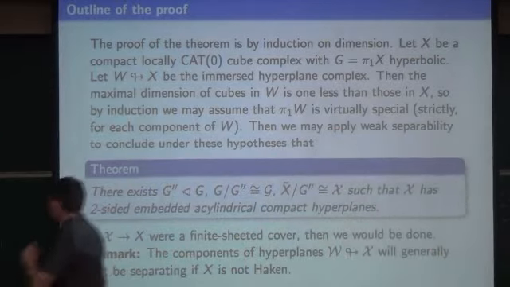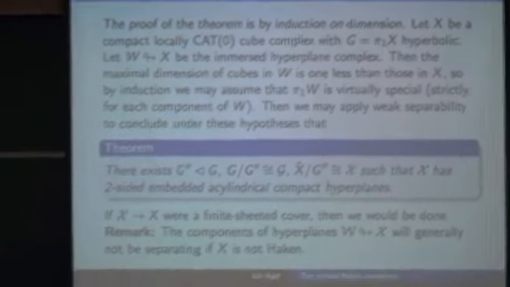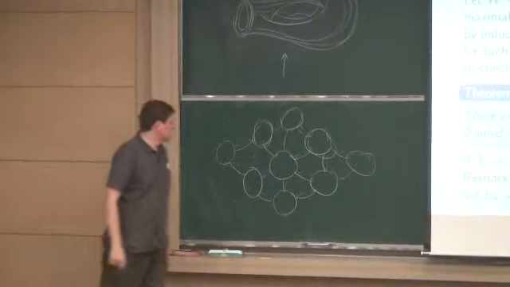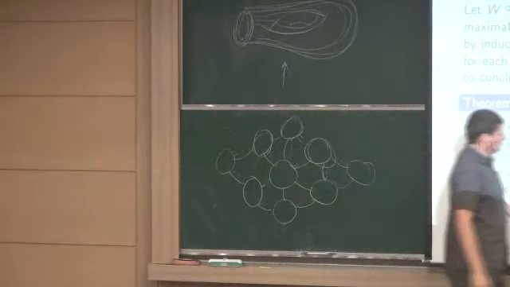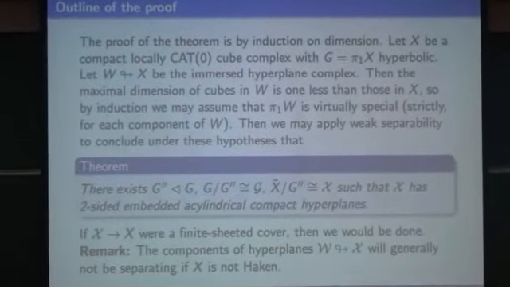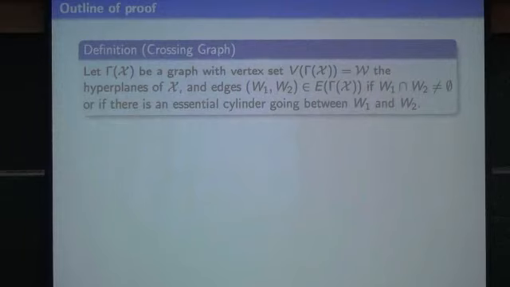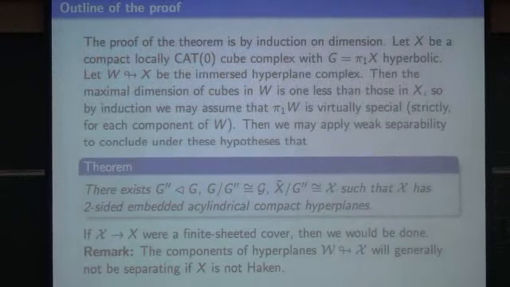Like in this case here, this hyperplane is not separating because I can go around there to get to the other side. So that's a key point here. Well, it's not that important, but it's just something to observe. So there's where I just used the inductive hypothesis.